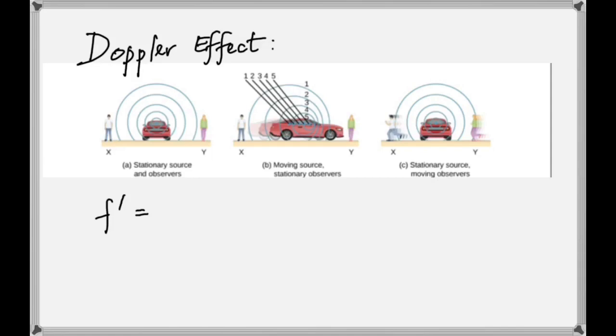In the first case, you have a stationary source and the observers or listeners are stationary too, which means there will be no change in frequency. They will hear the exact frequency that the source produces. But in the second case, the source is moving towards Y, so the frequency heard by Y will be higher, while the frequency heard by X will be lower.